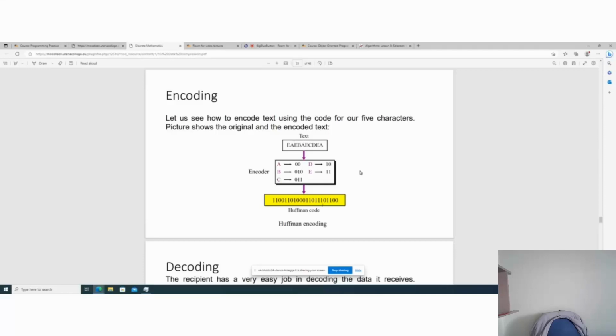The pins count from 0. Okay, yes. Yes, because you put the first one here.